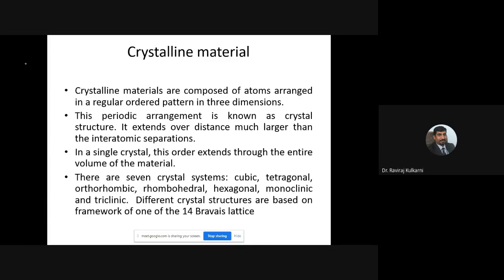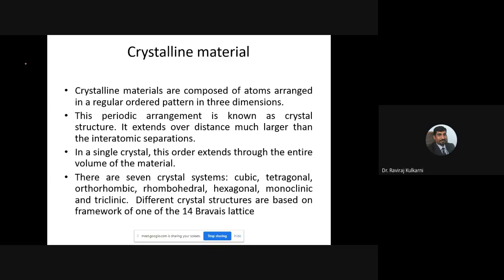In a single crystal, this order extends through the entire volume of the material. There are 7 crystal systems. You know it already. In PUC, you studied cubic, tetragonal, orthorhombic, rhombohedral, hexagonal, monoclinic, and triclinic.